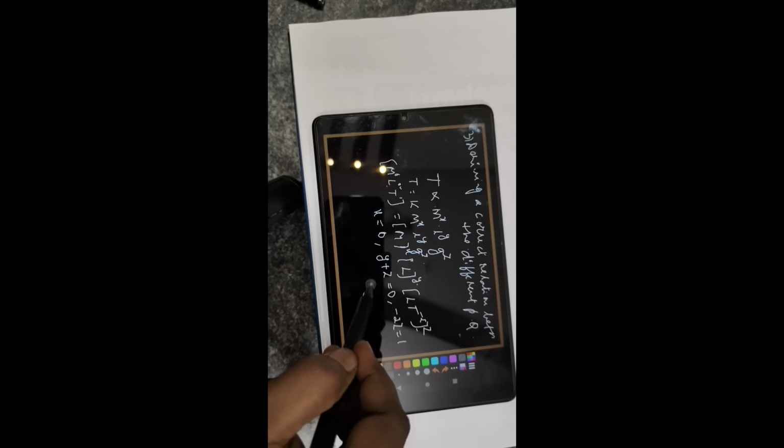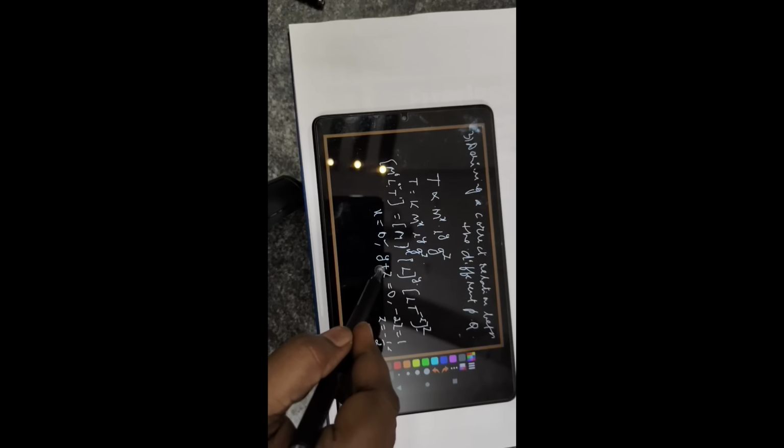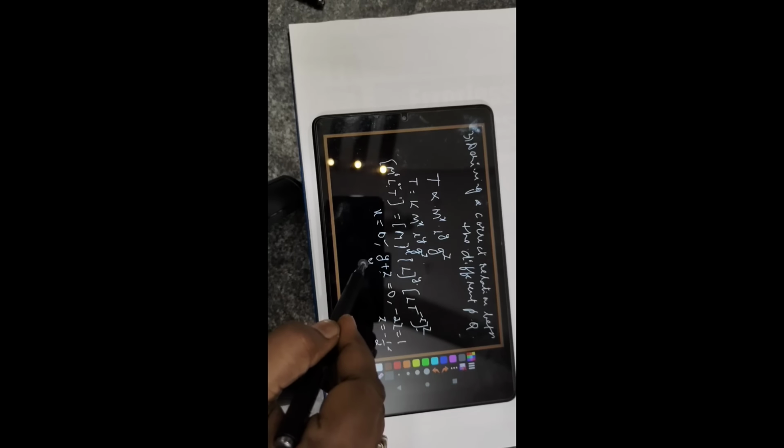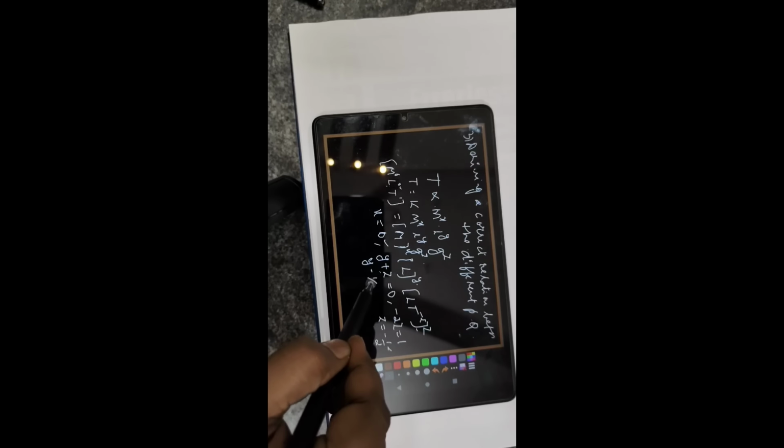So first of all we will find the z value. z is equal to minus 1 upon 2. Now we got x and z, we can substitute in this equation. y minus half equal to 0. So y is equal to half.